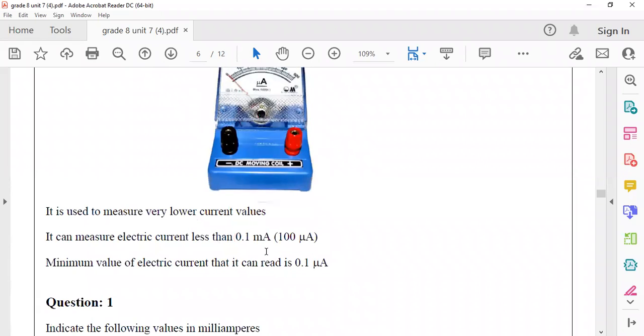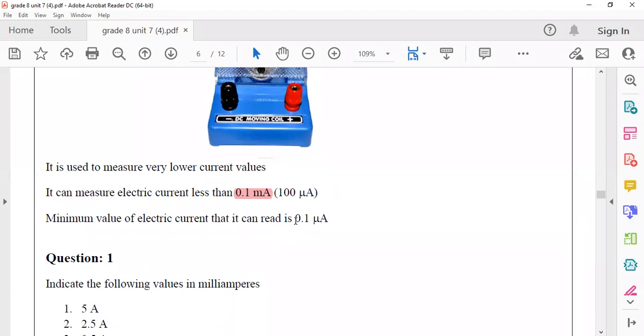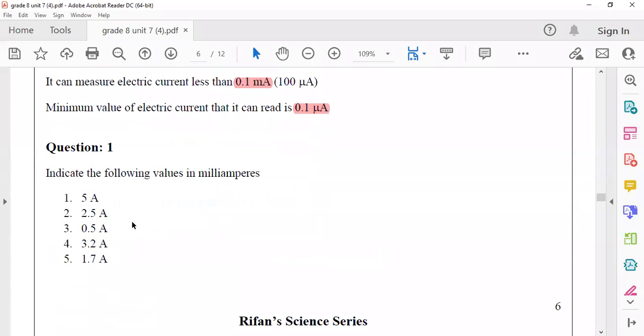The microammeter can read less than 0.1 milliampere current, and the minimum it can read is 0.1 microampere.